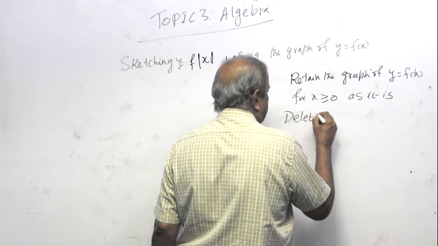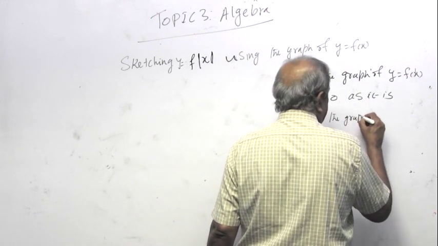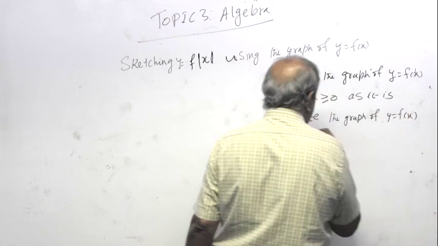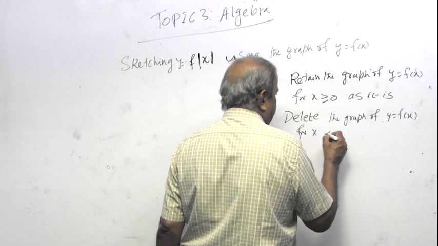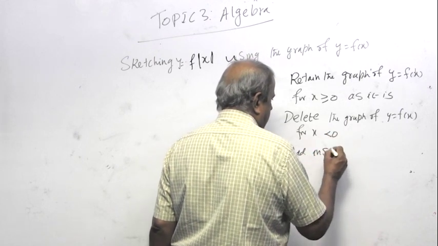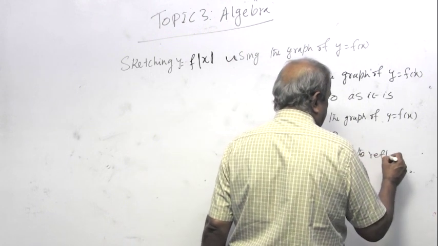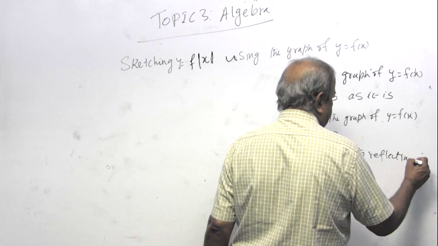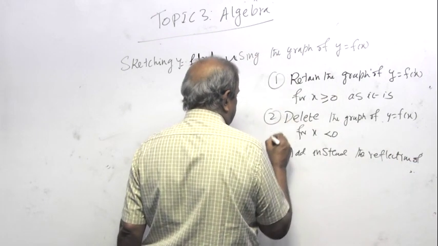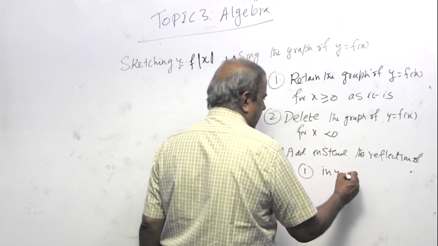Delete the graph of y equal to f of x for x less than 0. Then add instead the reflection of, let's call this number 1, the reflection of number 1 in the y-axis.